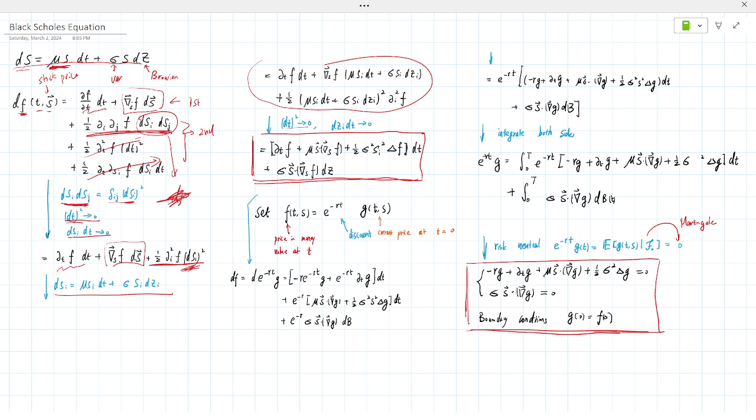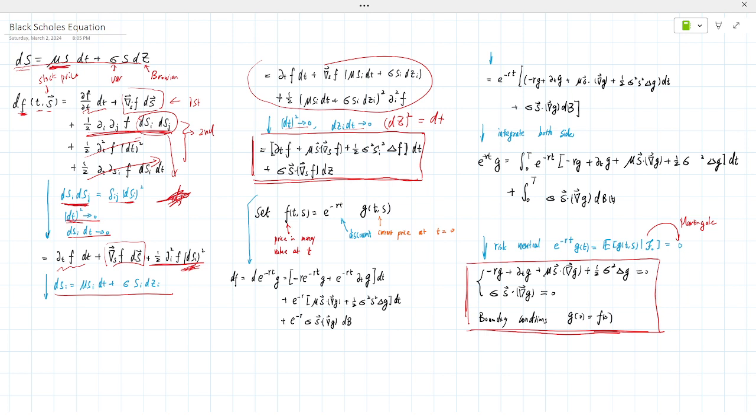Since dt squared goes to 0, this goes to 0, and dZ squared is dt. We're left with this expression, where dZ is just a Brownian motion.